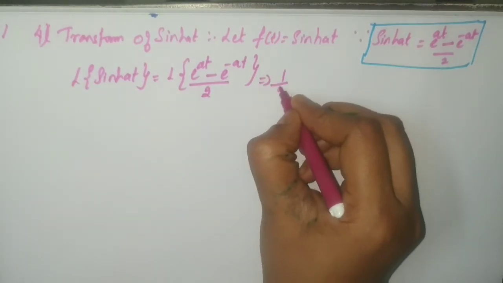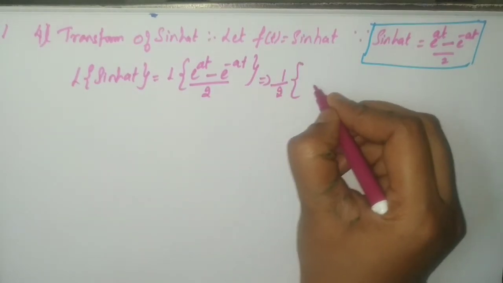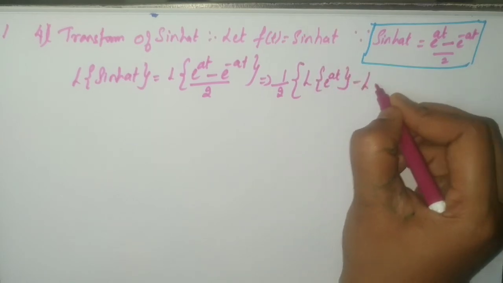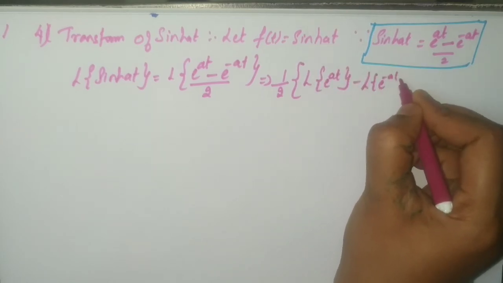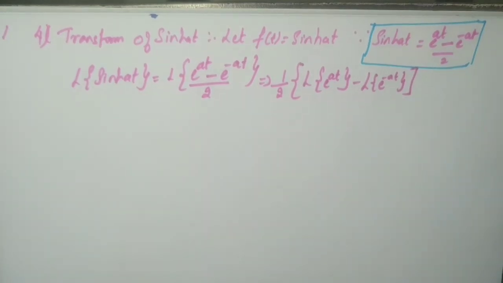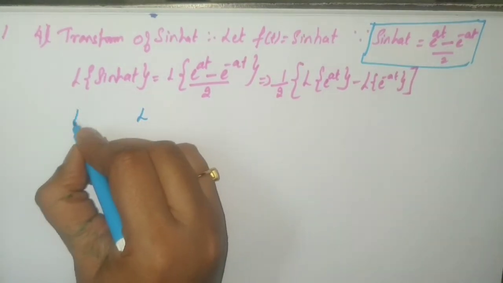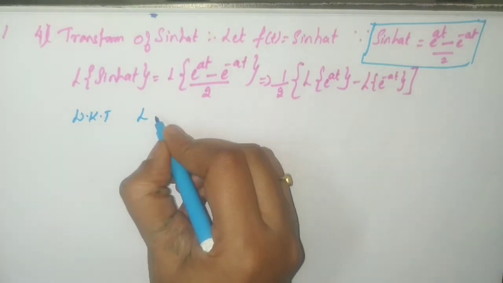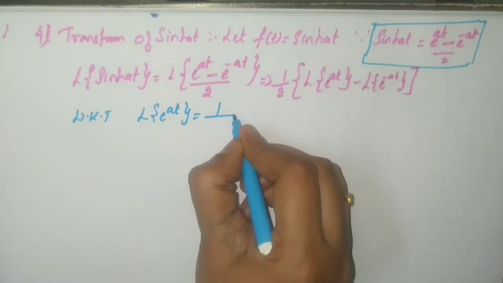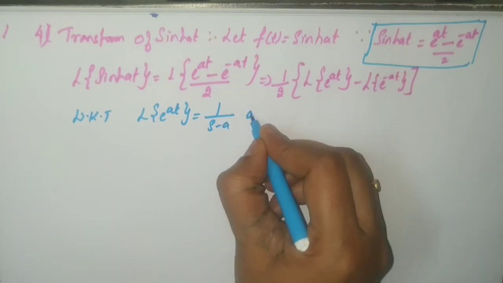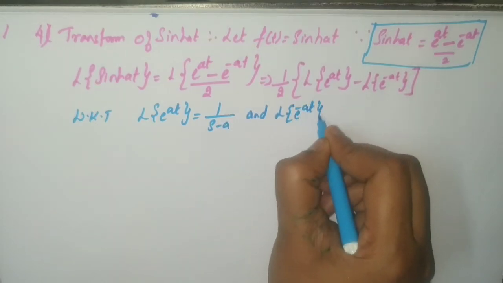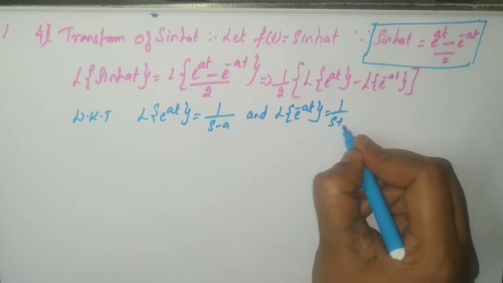It has the linearity property, so I can take 1 by 2 constant outside and take Laplace transform for the function. We already have this result from case 2. We know that Laplace transform of e power at is 1 by s minus a, and Laplace of e power minus at is 1 by s plus a.